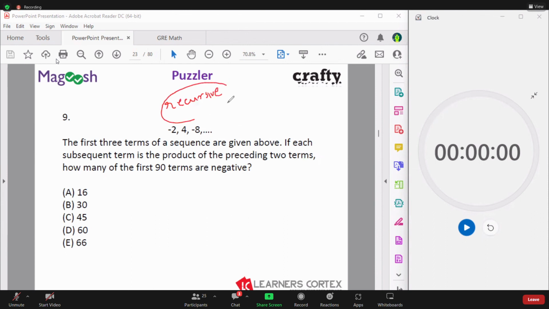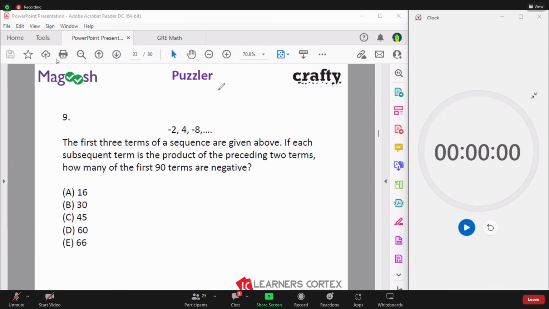Whenever in a series a term is dependent either on its predecessor or on the immediate two predecessors, basically one or two predecessors, that is it. So can anyone give me any other example of a recursive series, apart from this that we're talking about?